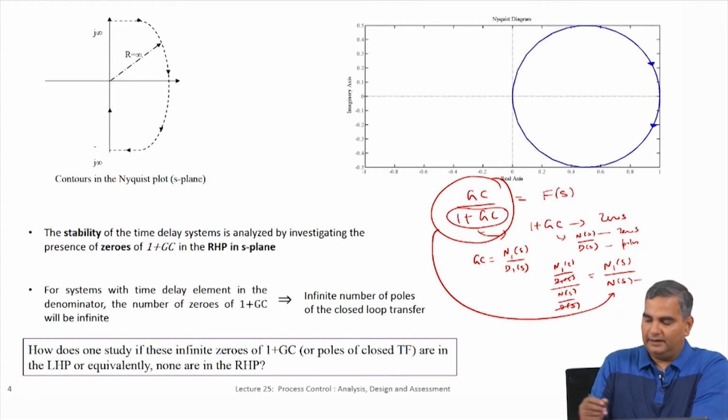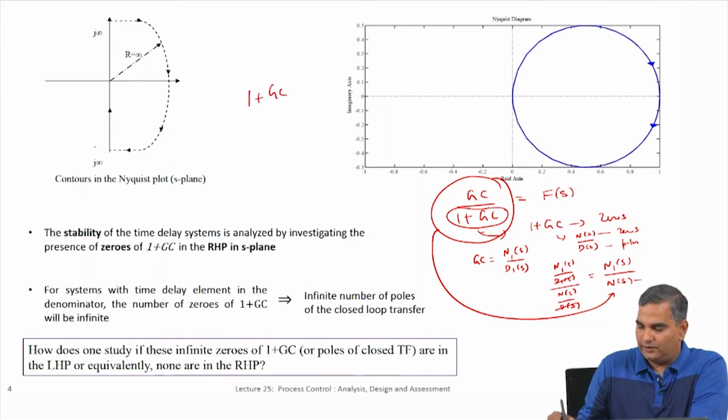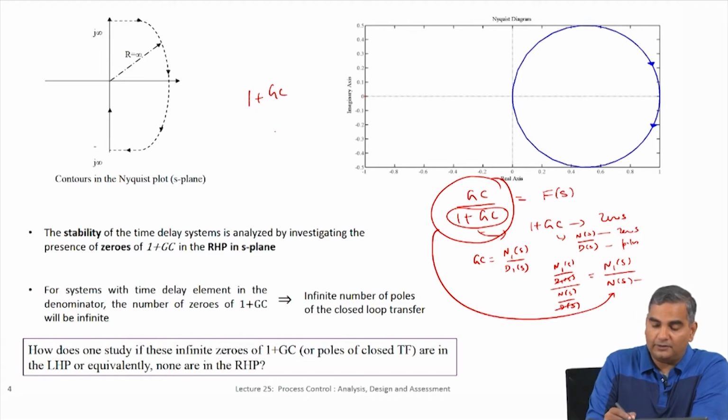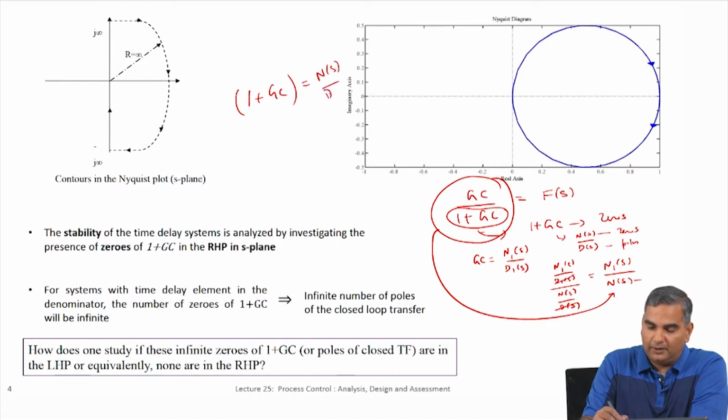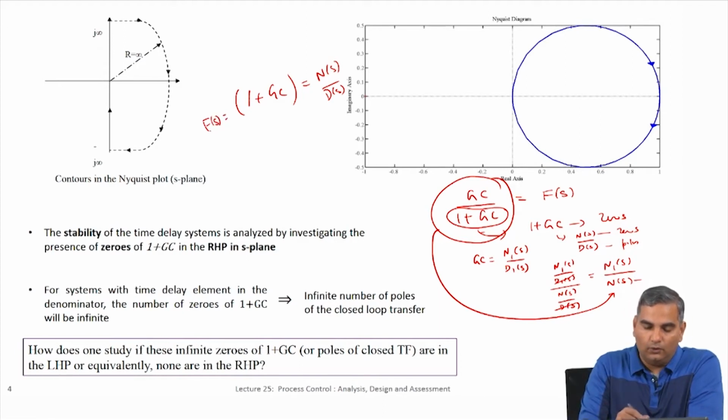So basically what we can do is, ultimately because we are looking at the numerator of 1 plus Gc, we are looking at 1 plus Gc itself. We are forgetting Gc because we have now established that the numerator of 1 plus Gc is important. In other words, this 1 plus Gc will be some numerator by denominator polynomial, and if I say this is f of s, then I want to know if this f of s has any zeros in the right half plane.